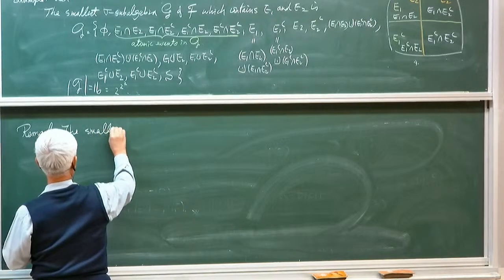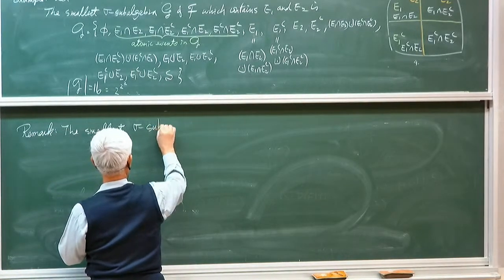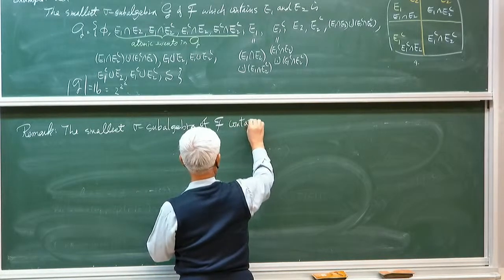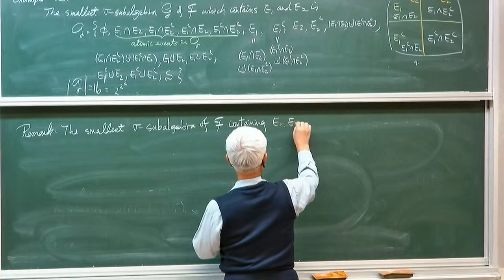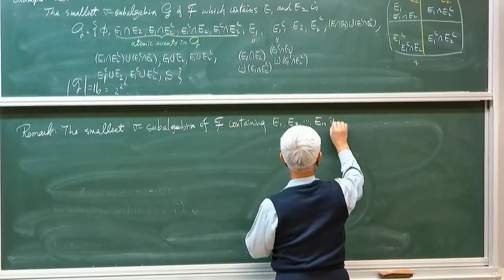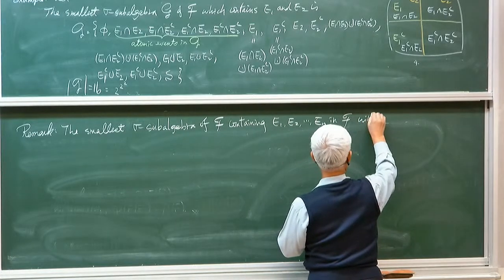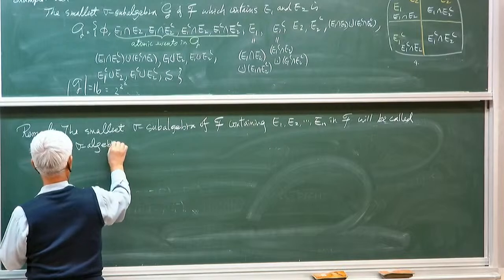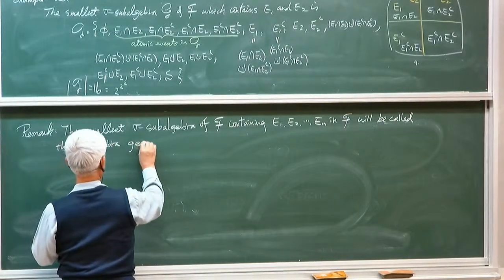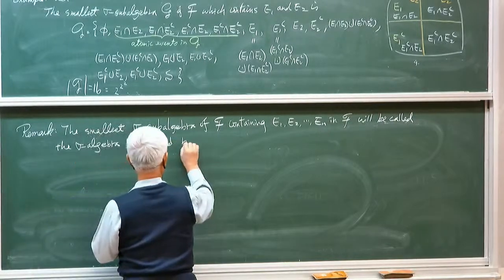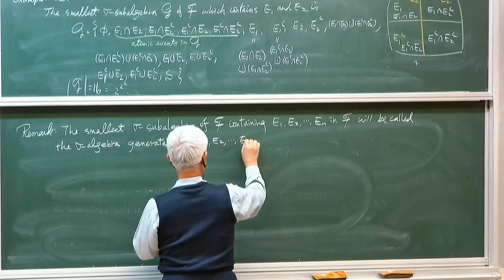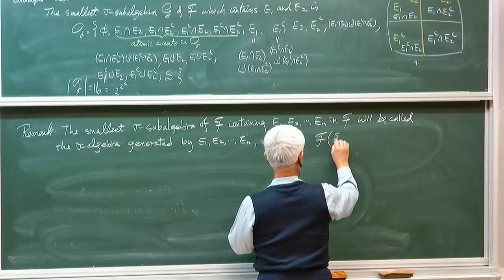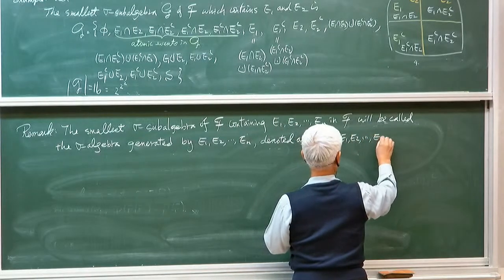The smallest sigma algebra of F containing E1, E2 up to En in F will be called the sigma algebra generated by E1, E2 up to En, and denoted as F of E1, E2 up to En.